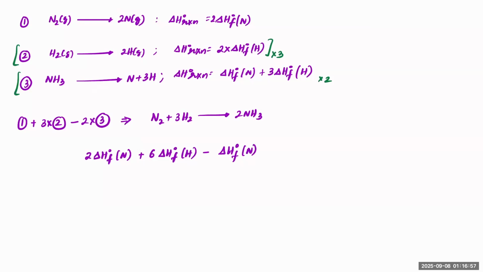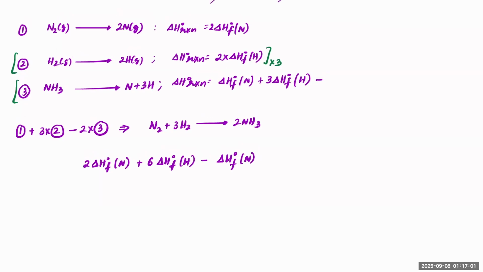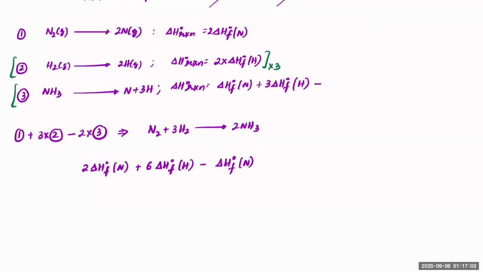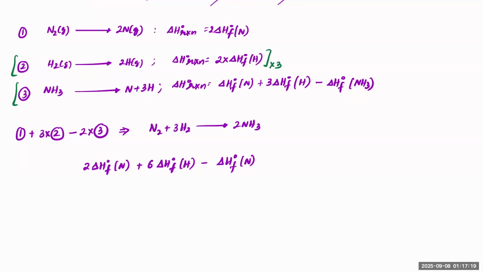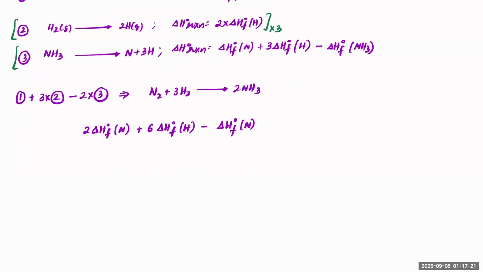I forgot to write the minus here. Minus delta H of formation of NH3. Earlier, I didn't write for nitrogen or for hydrogen because they were 0. Correct? Because they were 0, I didn't write them down. Here, ammonia is not 0, so I have to write that. Clear?